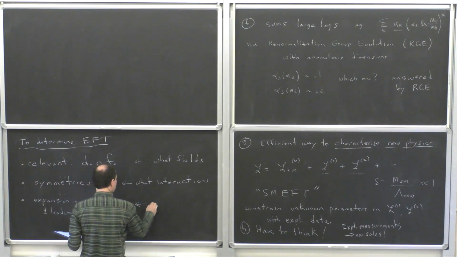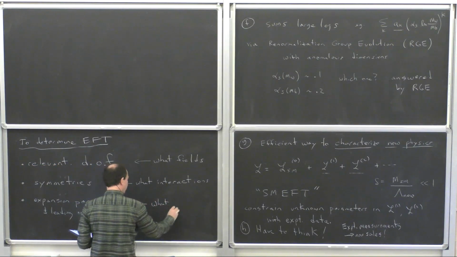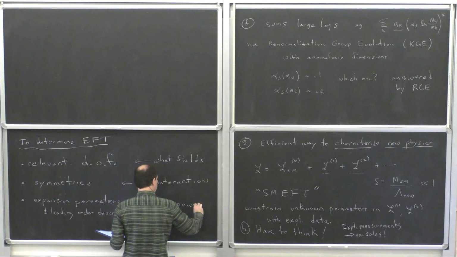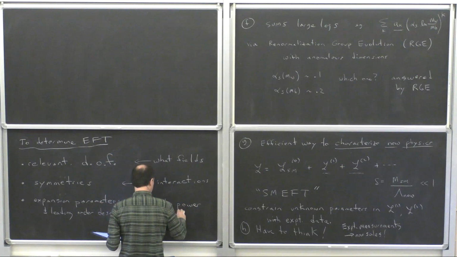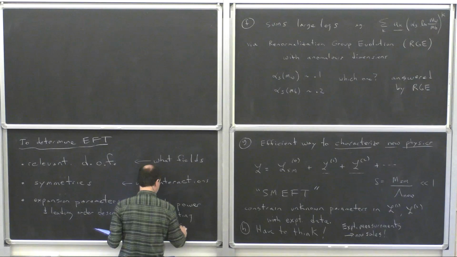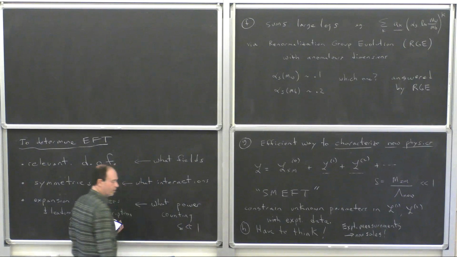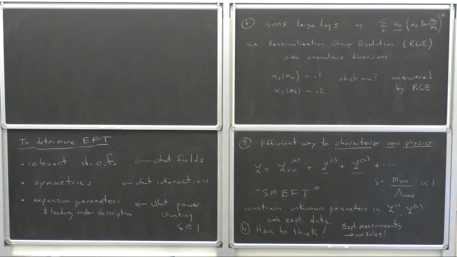And this goes under the name of figuring out what my power counting is. This is my delta. There might be more than one delta. Maybe there's only one, you have a simple effective field theory. Maybe there's two deltas, etc. But that's a crucial step.